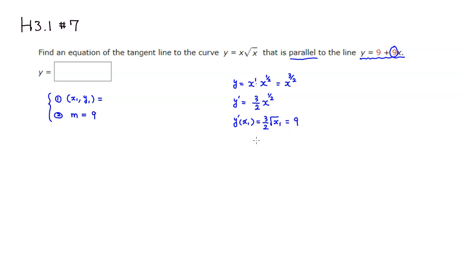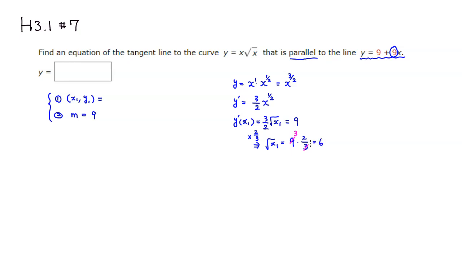So let's solve for x1. First I have to get rid of 3/2, so I'm going to multiply by its reciprocal, 2/3. So you have the square root of x1 is equal to 9 times 2/3. 9 divided by 3 is 3, and 3 times 2 is 6.